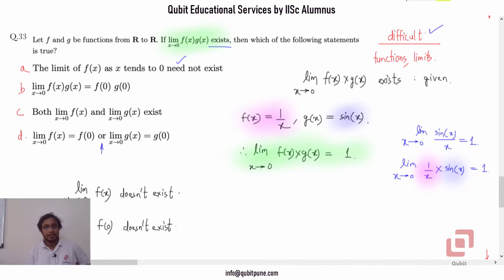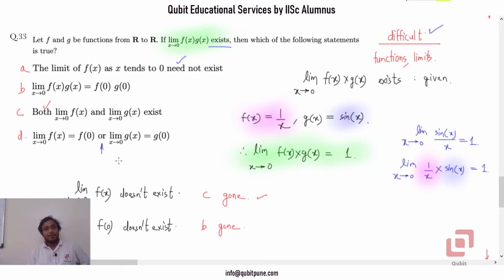Now because of my choice of f of x, which is 1 upon x, clearly the limit of 1 over x as x tends to 0 doesn't exist, so option C is gone, which says both exist. Both means it is like the logical connective and. Even if one of them is not true, it won't work. So C is gone.